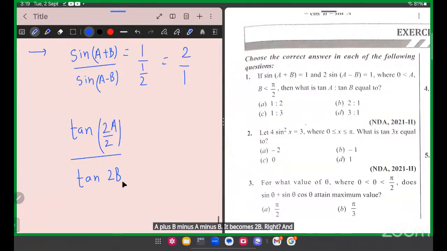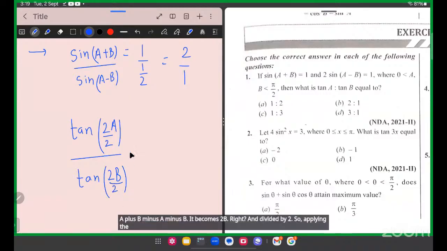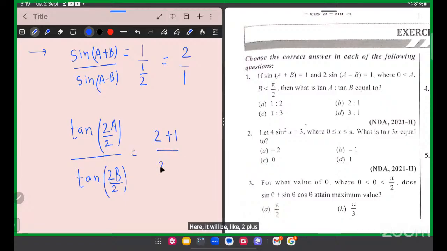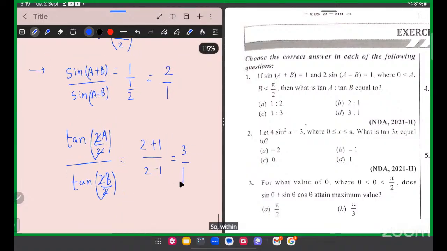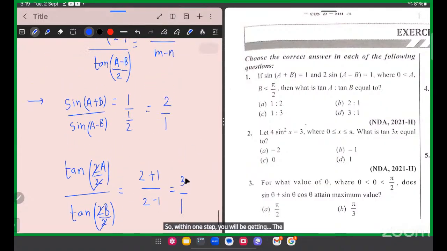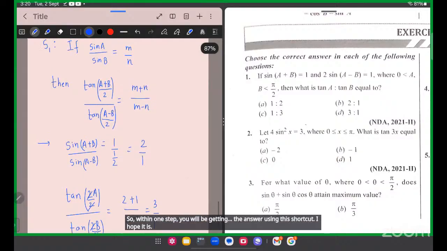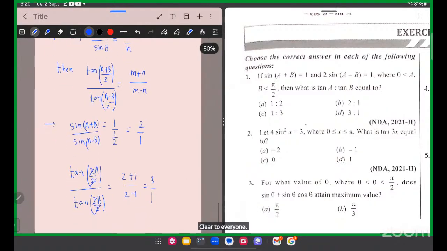And divided by 2. So applying the same shortcut, here it will be like 2 plus 1 upon 2 minus 1. 2 and 2 will get cancelled. And we were supposed to find out tan A by tan B, which is 3 by 1. So within one step, you will be getting the answer using this shortcut. I hope it is clear to everyone. Please note it down.